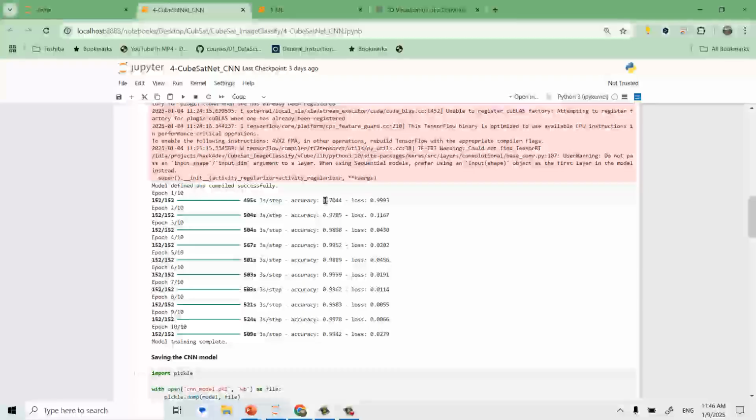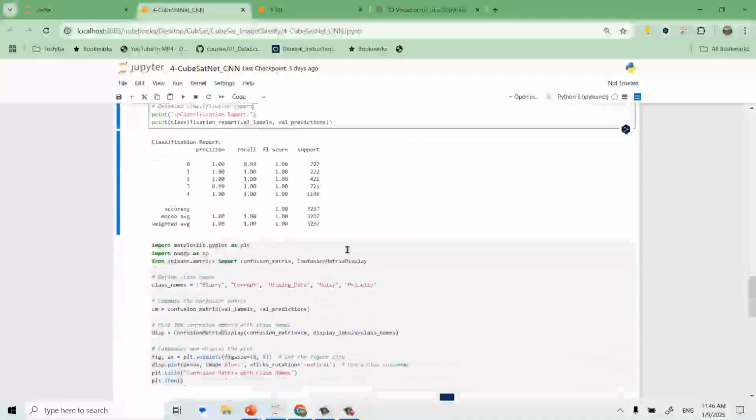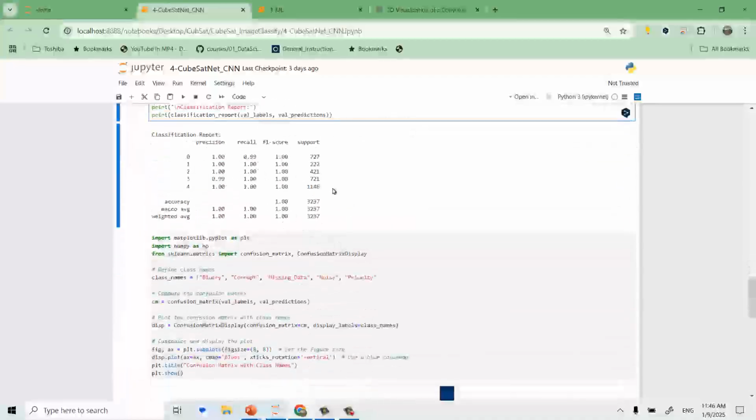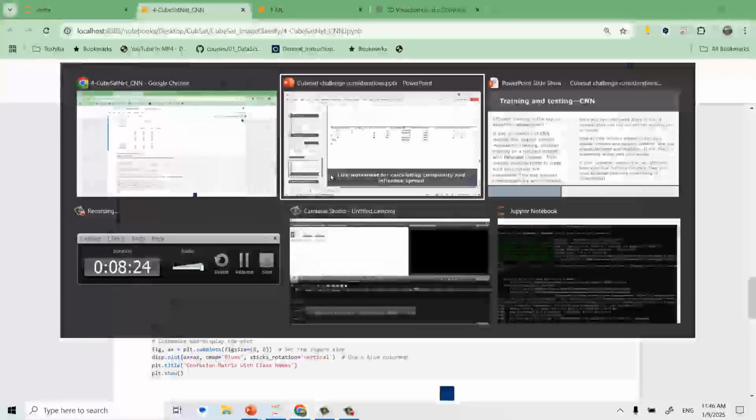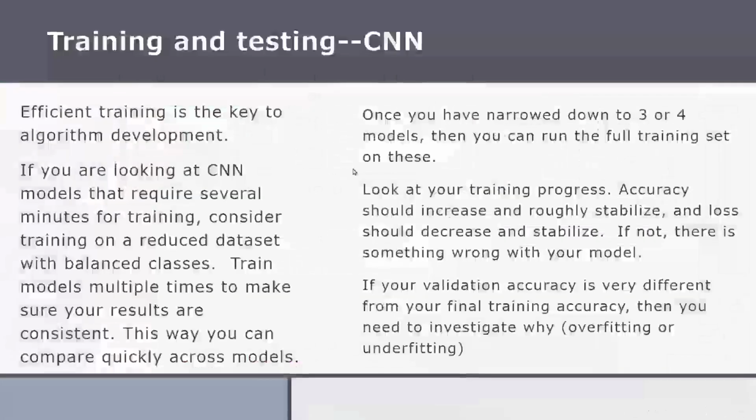And like I said, if you're getting accuracies that are bouncing around, if you're getting accuracy here that does not check out with the accuracy of your validation set, then don't keep going. Figure out what's wrong. You can't build right results on a wrong foundation. Your foundation has to be solid. So if something is wrong, make sure you understand what's going wrong. Okay, so as I said, if your validation accuracy is very different from your final training accuracy, you need to investigate why. If it's a lot bigger or a lot smaller, you need to understand why that is.